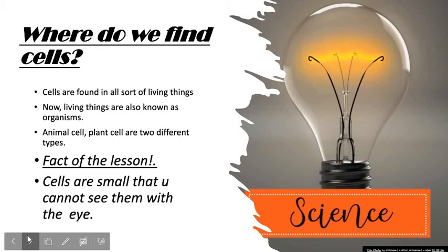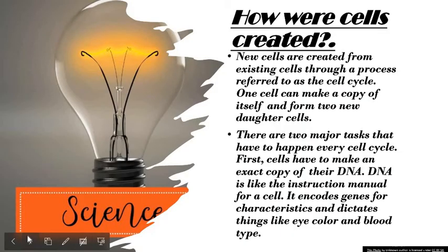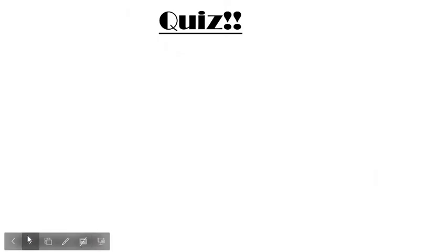Cells are really small, you cannot see them with the naked eye unless you use a microscope to magnify the picture. Cells make an exact copy of DNA, which includes genes for characteristics and dictates things like eye color and blood type. That's all. Let's go to the quiz now.